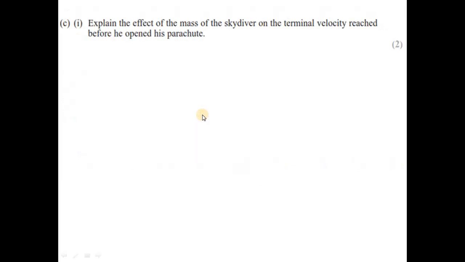Part C(i). Explain the effect of the mass of the skydiver on the terminal velocity reached before he opened his parachute. Remember, when the diver is coming down, weight is acting and aerodynamic drag is acting.